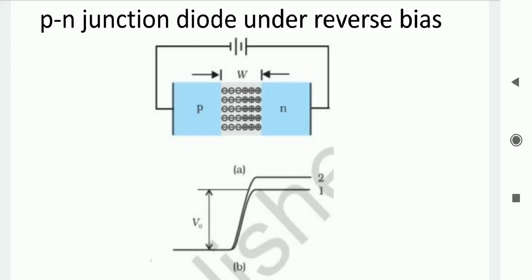So this generated current is not depending on the applied voltage, but is limited by the concentration of minority charge carriers on either side of the junction. So the current under the reverse bias junction is independent of reverse bias voltage up to VBR, the breakdown voltage. So here, up to this breakdown voltage, the current is independent of the supply voltage.